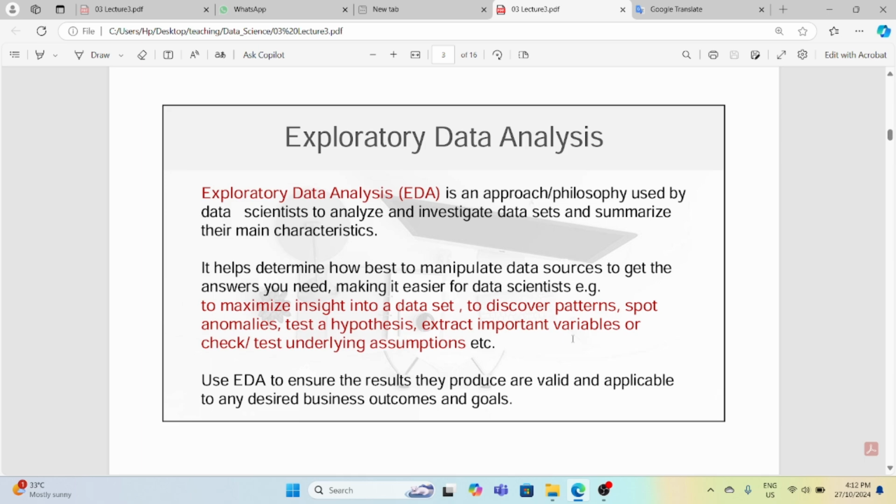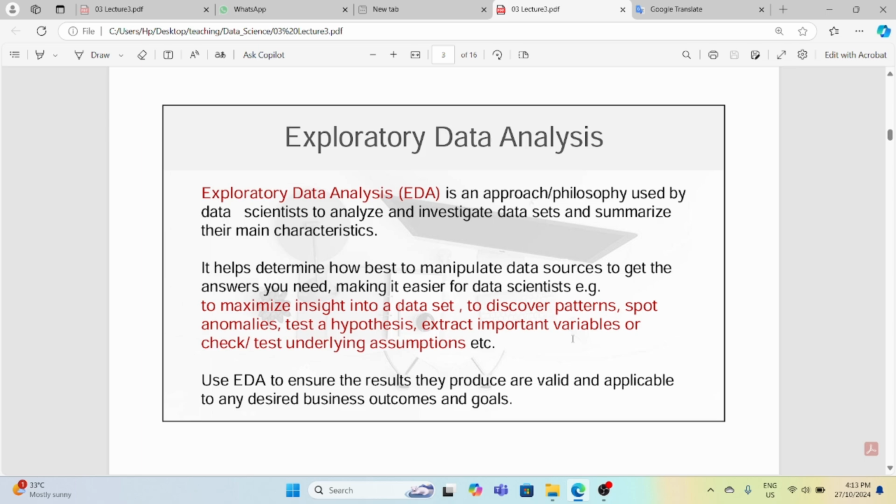Actually, EDA is a critical process in data analysis where analysts use visual and statistical techniques to understand the main characteristics, patterns, and relationships in data sets. So for example, you have a data set and you want to understand the pattern, what is going on, we use this tool and this approach.